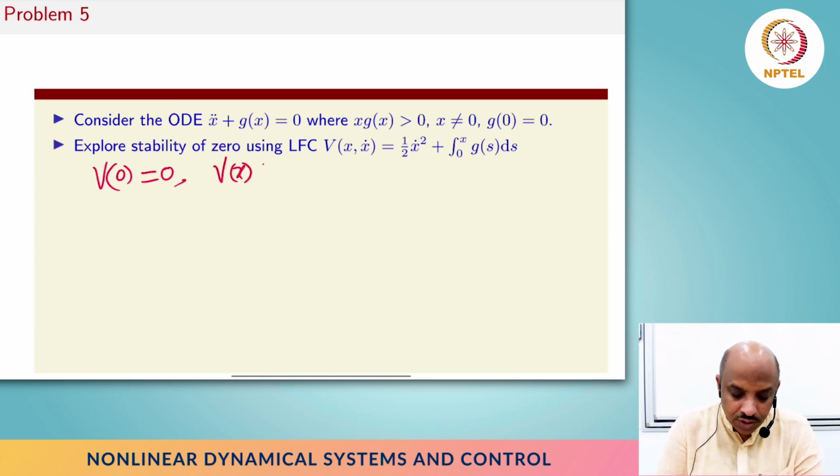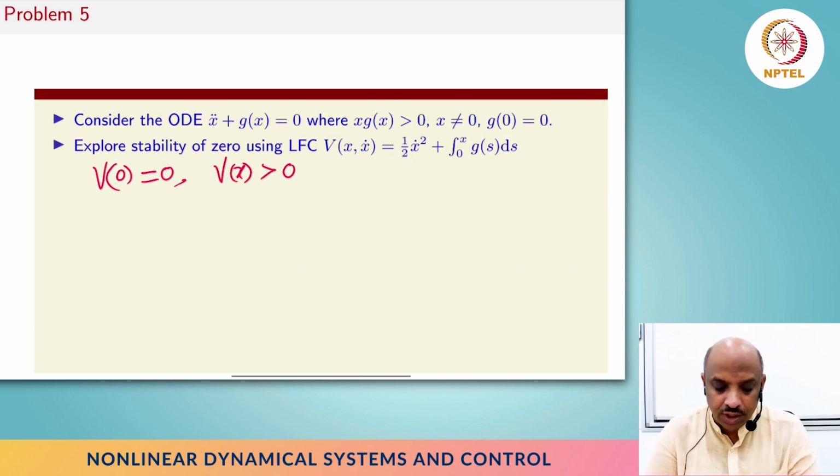V of x is positive definite; for the x dot part it is fine. The fact that g of x satisfies this condition, x times g of x is positive, matters here. Let's say instead of integrating from 0 to x, imagine we integrate from 1 to x or some other x by 2. Since x is positive, x by 2 is going to be positive in that case.